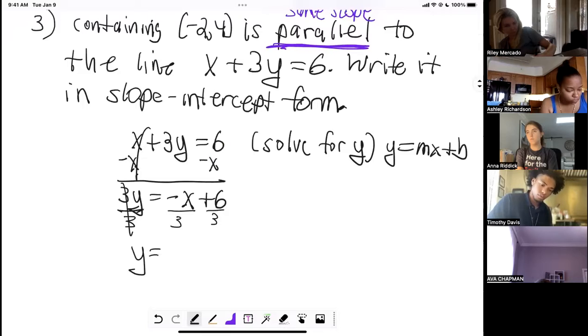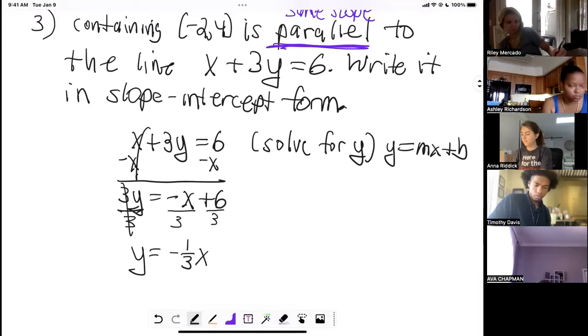Y is equal to, now, I am not going to write negative x over 3. That's not a slope. My slope is going to be negative 1/3 x. Does everybody understand why my slope is negative 1/3 x? That's my slope. My slope is negative 1/3 x plus 2. All I needed was my slope.